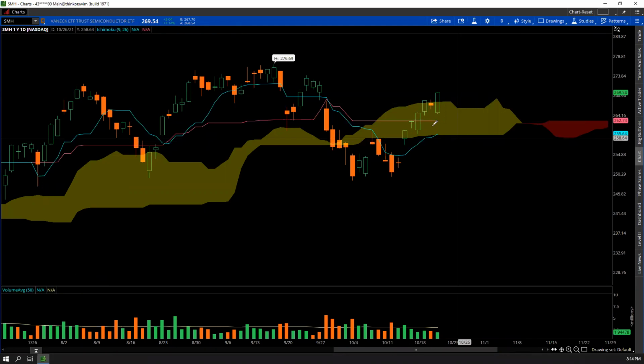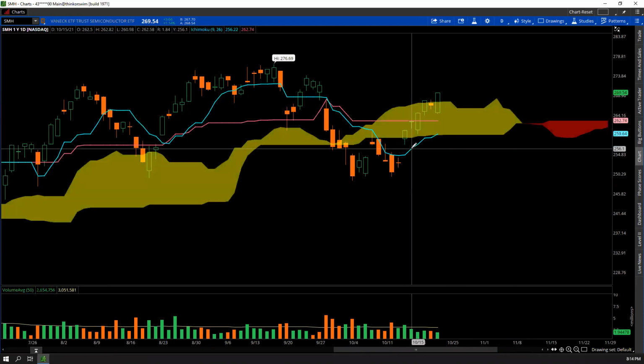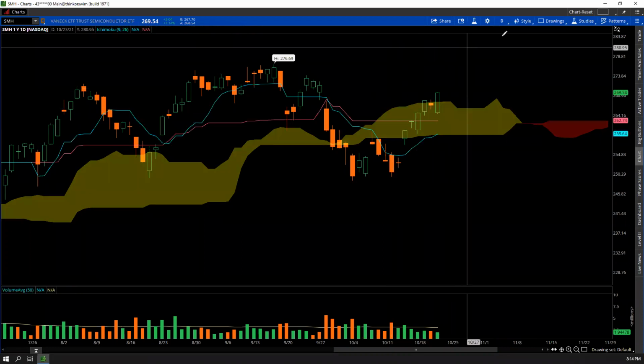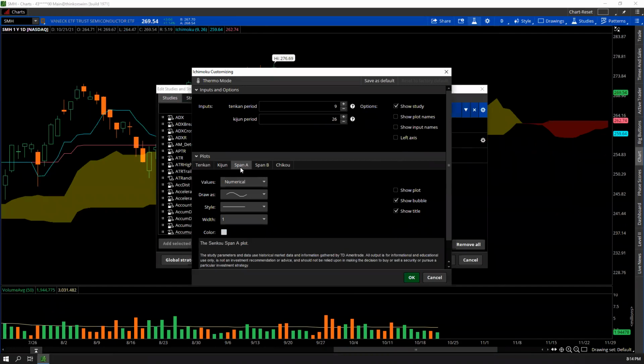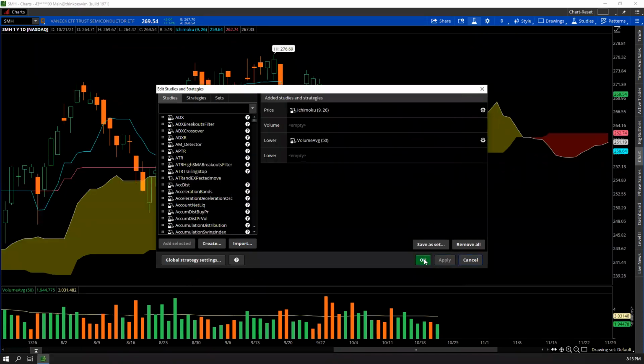Okay, so the way it is formed: if you take span A, let's switch on span A. This curve that we're talking about is nothing but a curve plotted into the future.